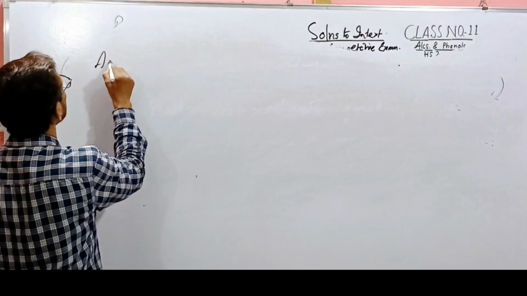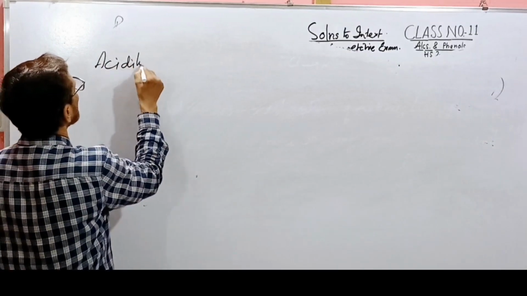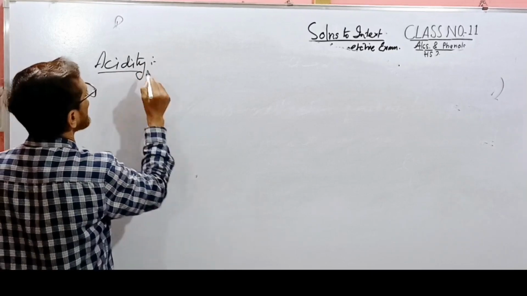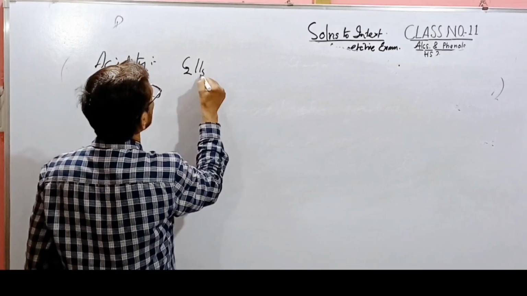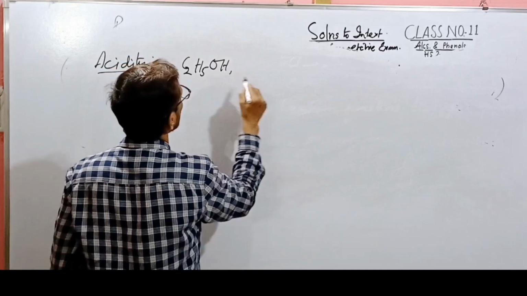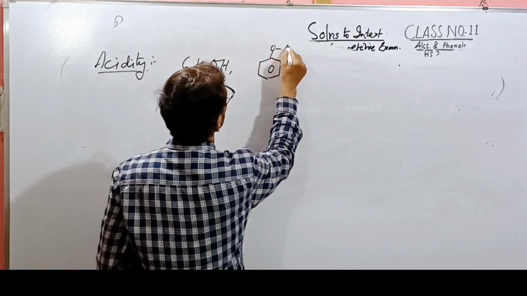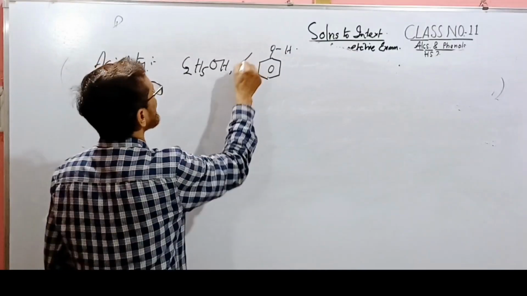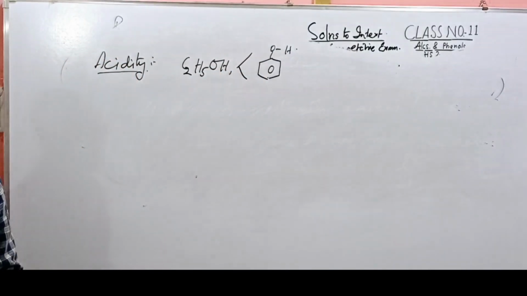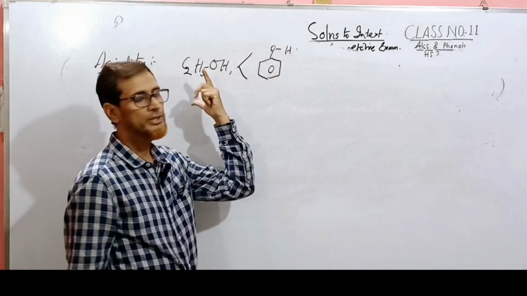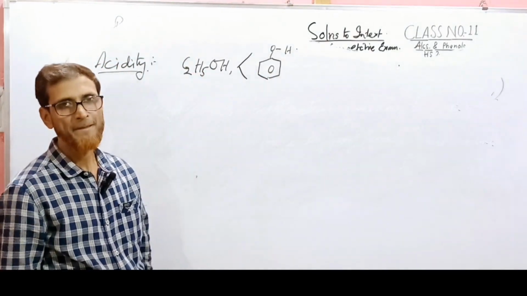Acidity. In the textbook it is given C6H5OH, phenol, and it is asked to explain why phenol is more acidic than ethanol.